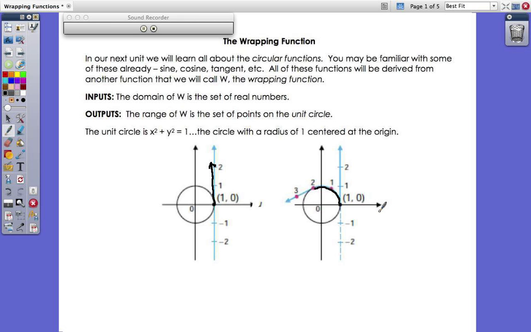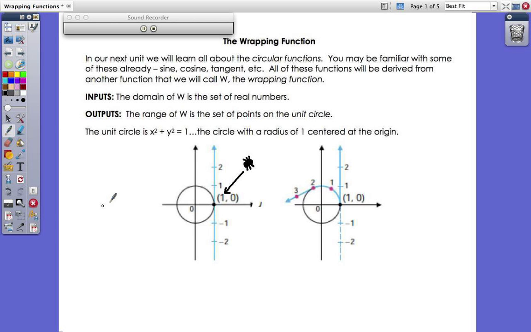Another analogy that I've always liked to use is, instead of a piece of string, because that's boring, who wants to think about string, you could instead imagine a little creepy crawly bug. I'll give him 6 legs, I guess it's some sort of insect. He's right here at the point 1, 0, that's where he starts.